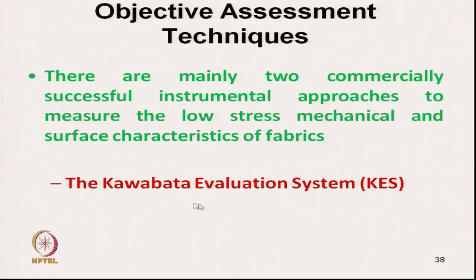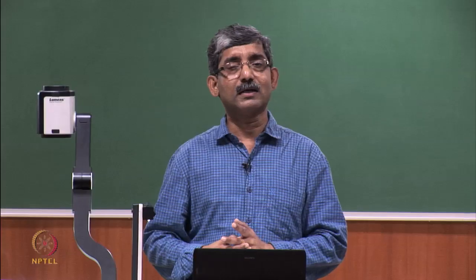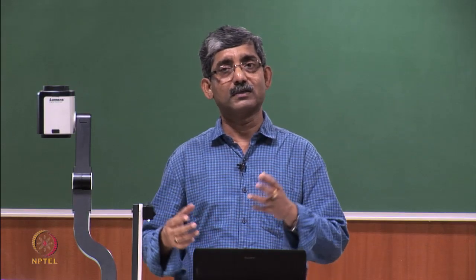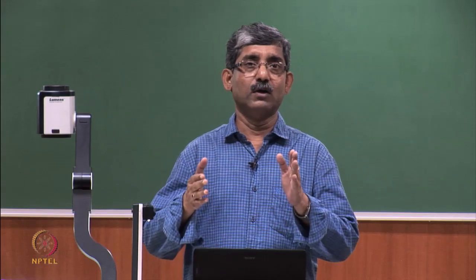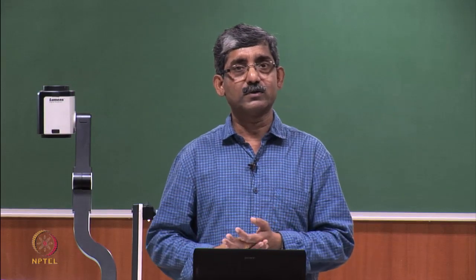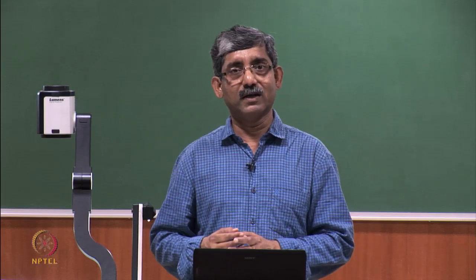These are the Kawabata Evaluation System for fabrics, and another is Fabric Assurance by Simple Testing. In this course we will not discuss the detailed analysis of these instruments, we will just mention them, and you will learn about them in a higher course.